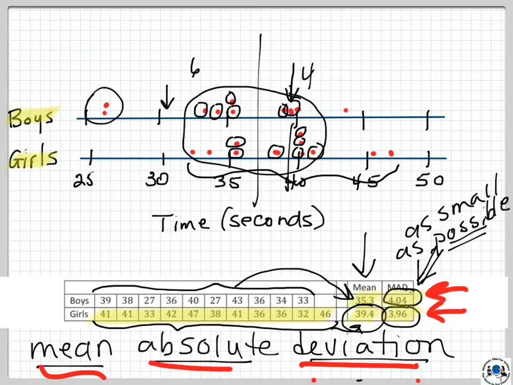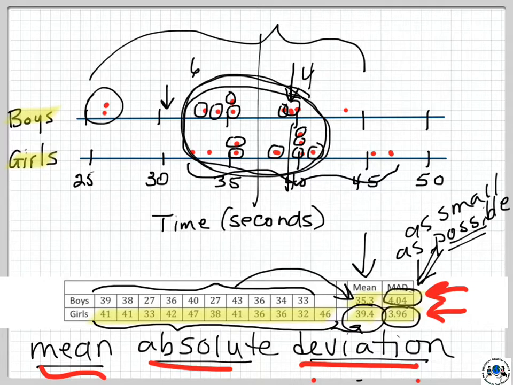If we look at these dot plots, there's pretty huge variability in the boys' scores, from low to high. Girls as well, quite a bit of variability. There's lots of overlap. Most of the boys and girls, probably 8 of each, would average out to be the same, or close to it anyway.